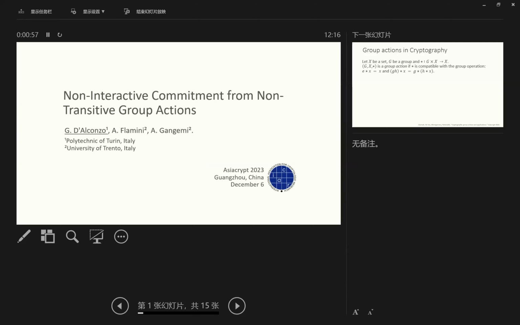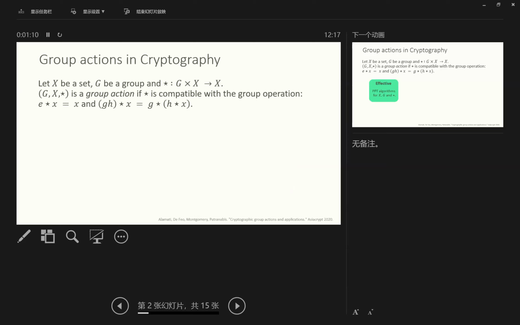Okay. This is joint work with Simple and Jenny and Edith. And we will talk about commitment based on non-transitive actions. We start by recalling what a group action is.